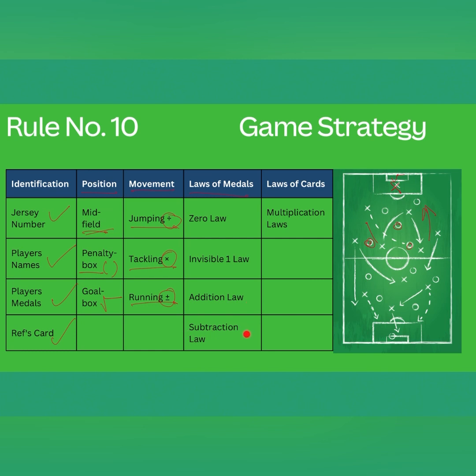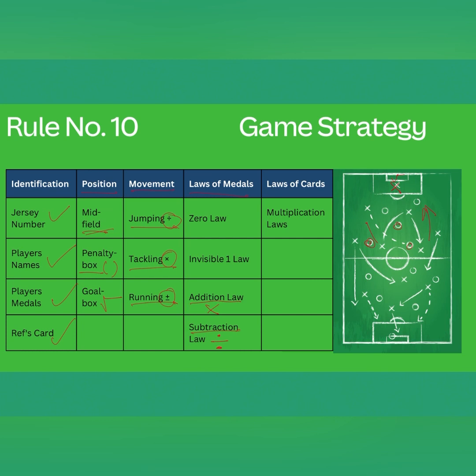With the subtraction law, these are jumping players. Tackling players are multiplication. Jumping players are dividing. So if the players are tackling or multiplying, then we use the addition law. If the players are jumping or dividing, then we use the subtraction law.